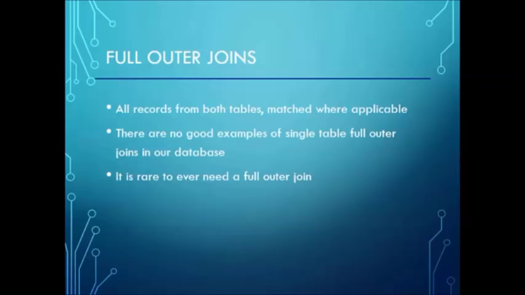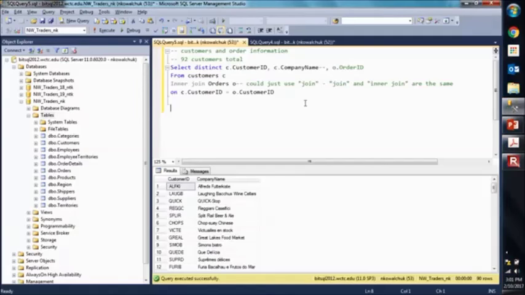So let's write a couple of outer joins. If I want to see all of my customers and their order information, if they have it, I need to get those 2 missing customers back with my outer join. So show all customers and their order IDs if they have orders.